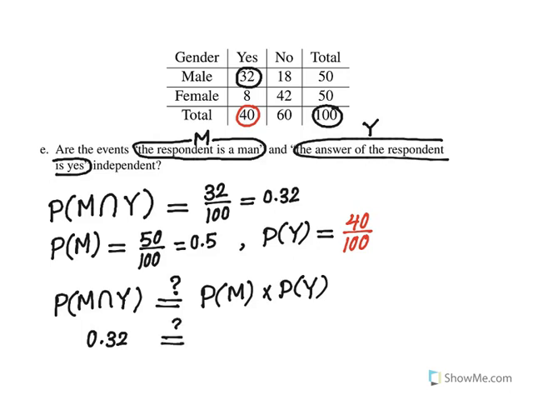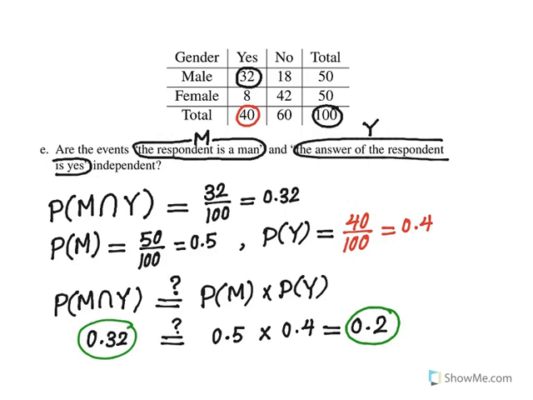Is this the same as probability of male, 0.5, times probability of saying yes, which is 0.4? Remember, this 40% is 0.4. If you multiply 0.5 and 0.4, you'll get 0.2. And you clearly see that this and this are not equal. They are not the same.